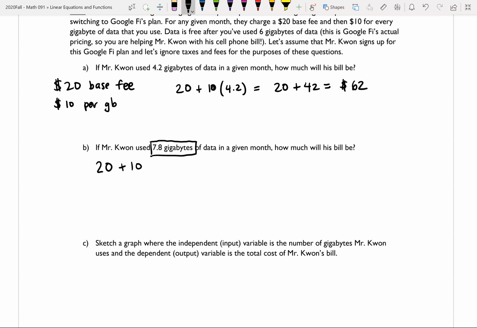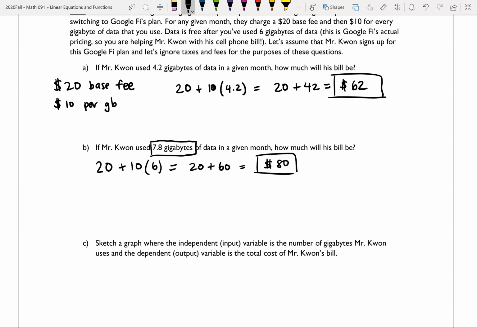Since that number is larger than 6, we basically only want to multiply by 6 because any data used after 6 gigabytes is free. So we'll get 20 plus 10 times 6, which is 60. So our total will be $80. I forgot to box the answer in the previous example, so I'll do that now.